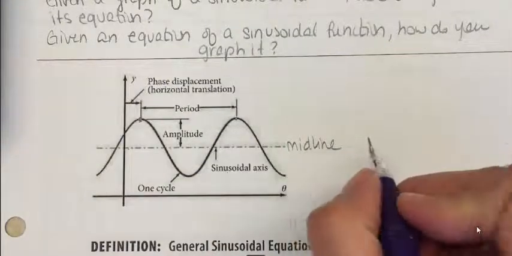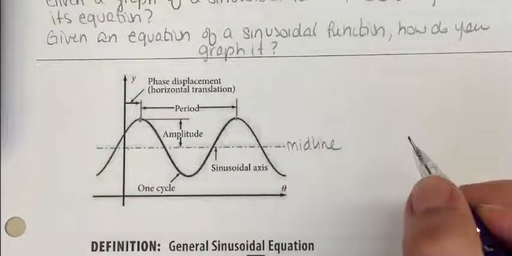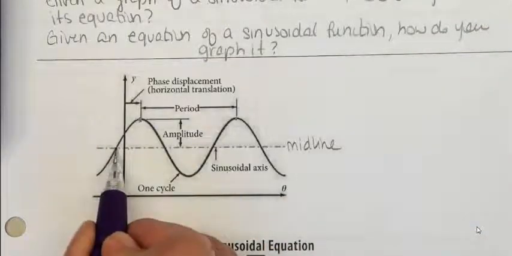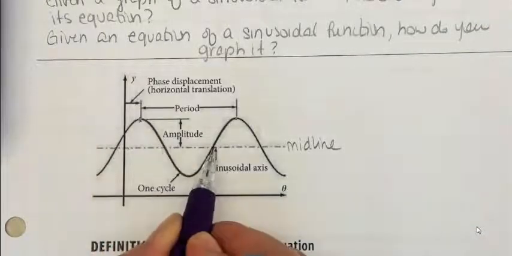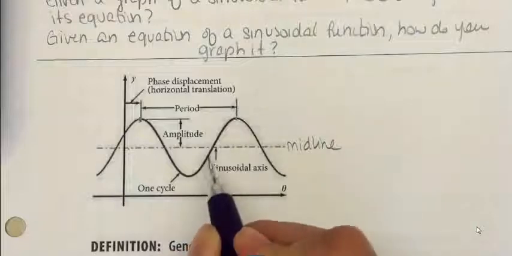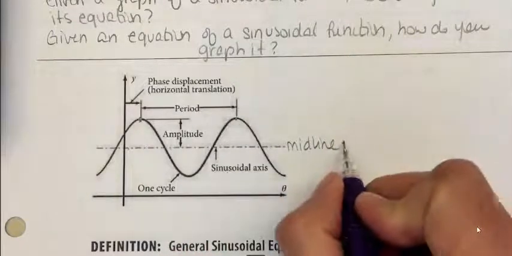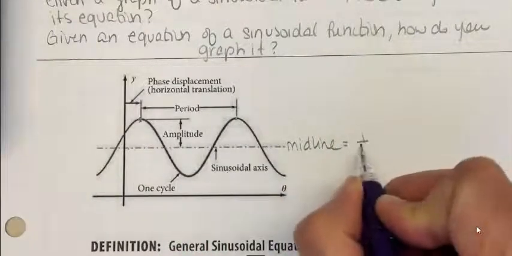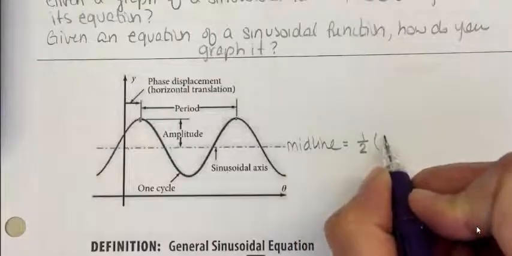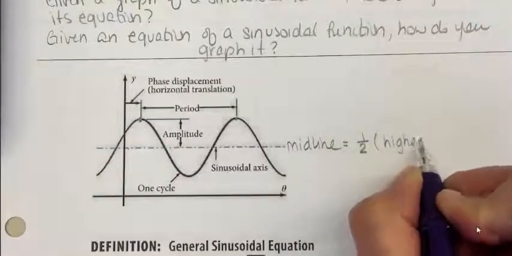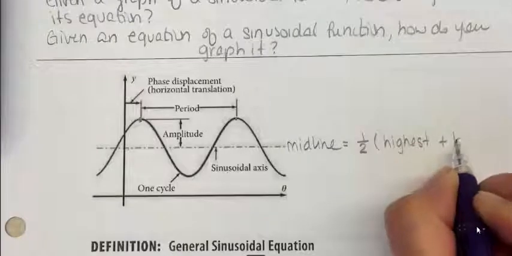The way that you find the midline is just like you would find the midpoint. Think of it as the middle of one of these branches. Okay, so the midline is 1/2 of the highest plus lowest.